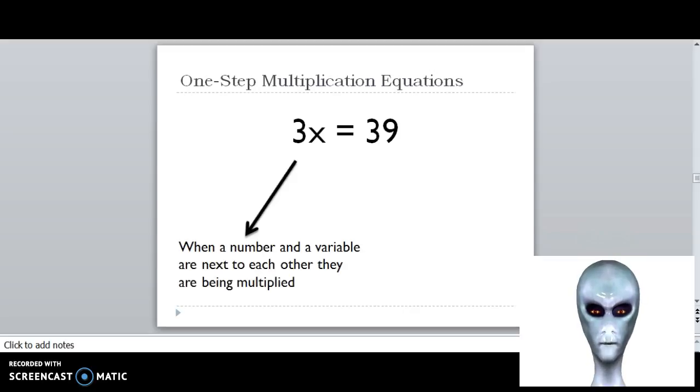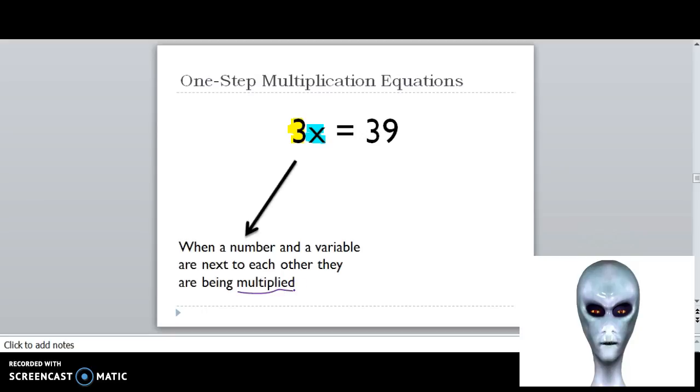Our first type of equation that we're going to solve is one-step multiplication equations. If you notice in this problem, 3x equals 39. When a number and an unknown or a variable are next to each other, in math, that means they are being multiplied.